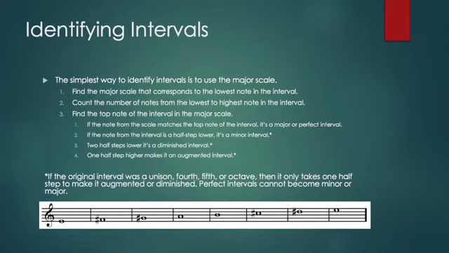Now what I have to do is figure out if E to G sharp works in the key of E major. And we're using the key of E major because the bottom note is an E. So you have to figure out the key signature for the bottom note in the interval.